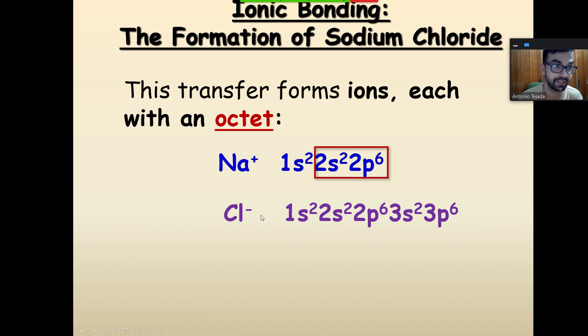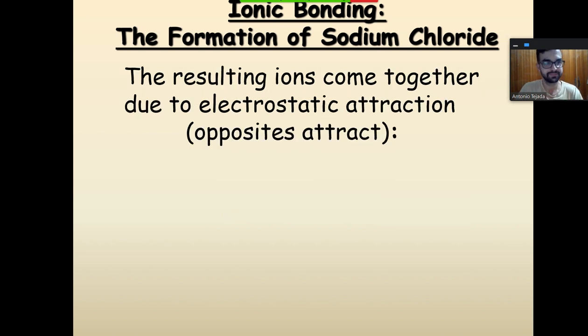Do you understand that? Because it will gain one electron, it will have a more negative charge. The resulting ions come together due to electrostatic attraction, because opposites attract, so the positive attracts the negative.